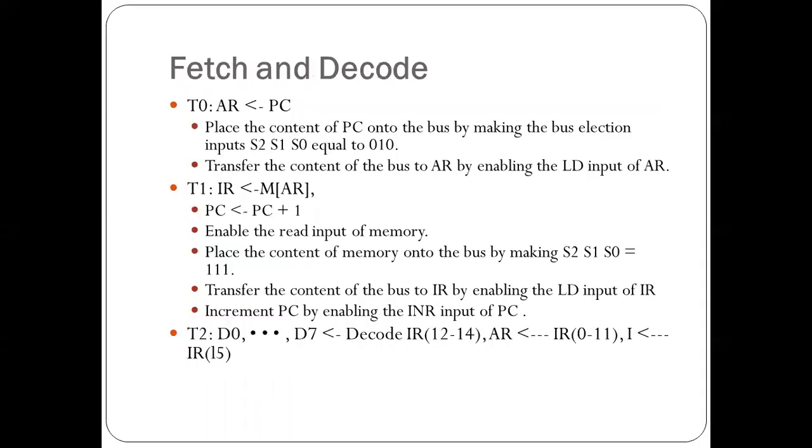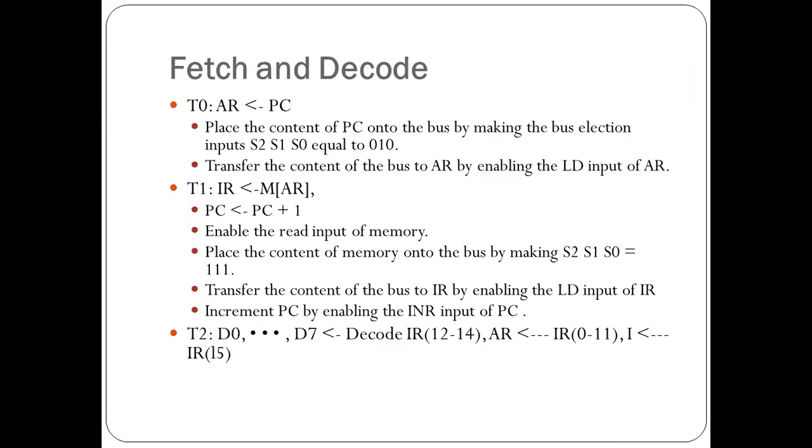Let us start with the first stage, how the timing sequences and the control inputs are generated. The first stage is fetch. We have the address of the instruction in the PC, the program counter, which holds the first instruction address.